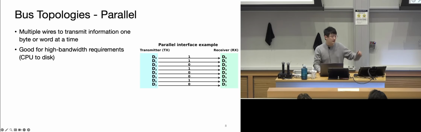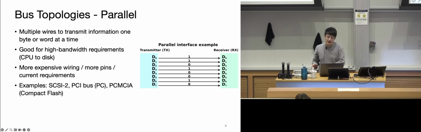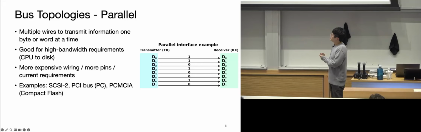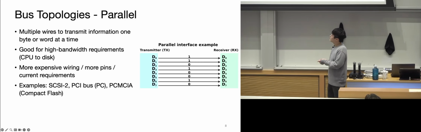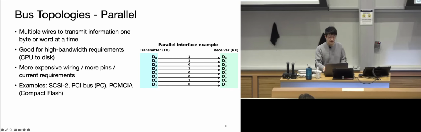By design, this is very good for high bandwidth transmissions between devices. And you also have the downside that it is going to be much more expensive wiring, as well as more pins, more current requirement, and more power consumption.